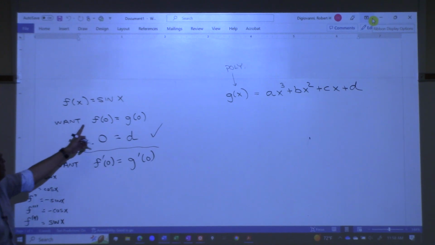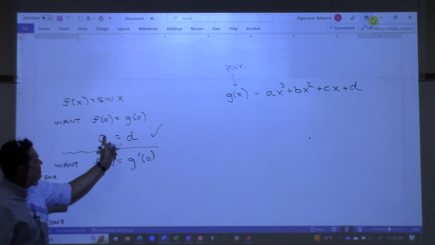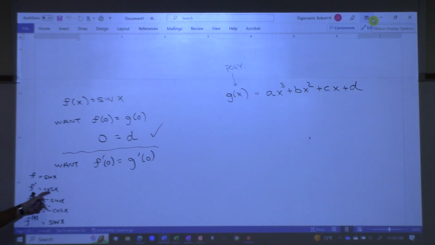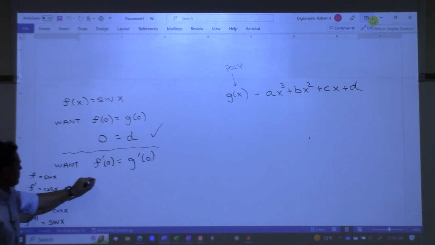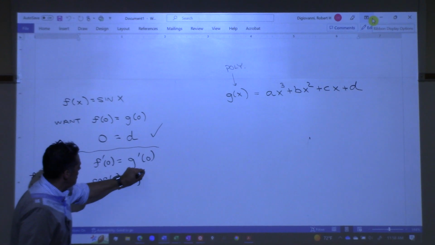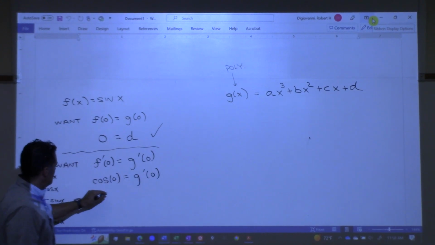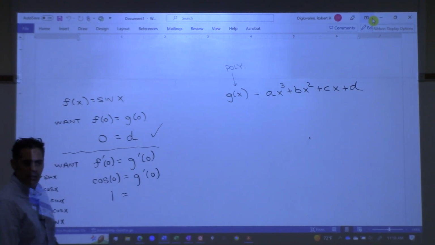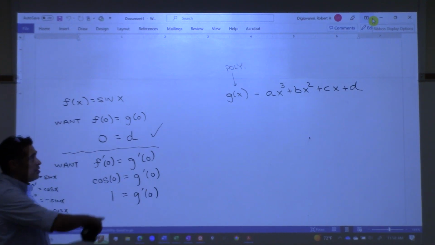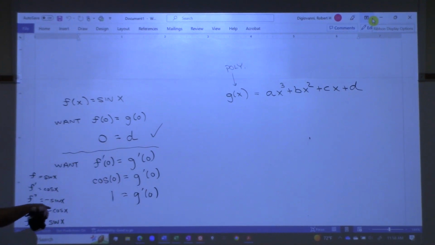So I wanted the function at 0 to be the same, right? Got it. Now the derivative of f, which is cosine, what's that plugged in 0? Cosine of 0 must equal this, right? Cosine of 0 is 1. So I need g prime of 0 to be 1. I need the derivative of that function over there to be 1 when I plug 0 into it.